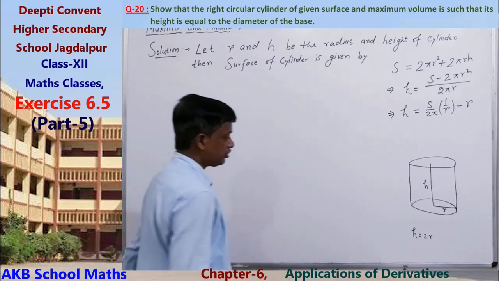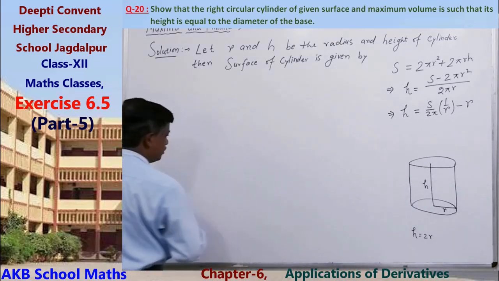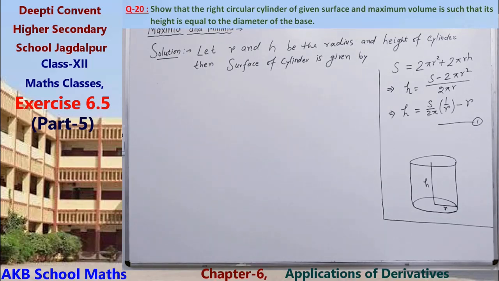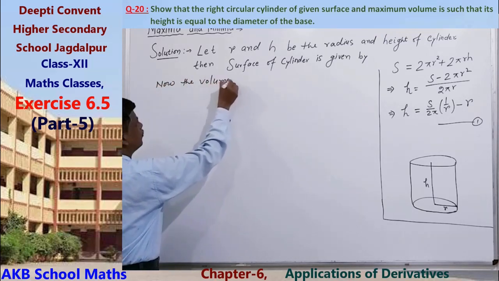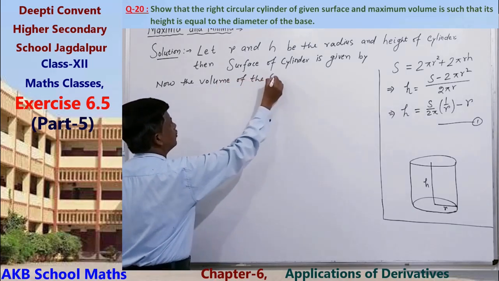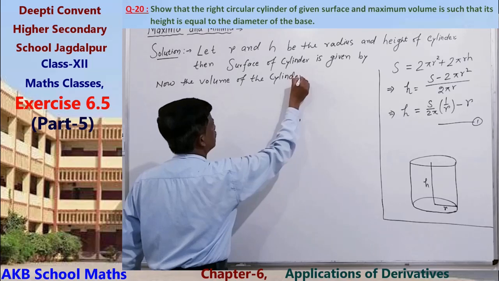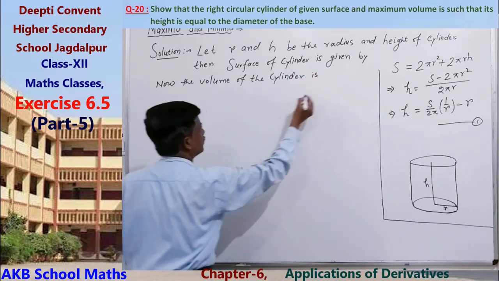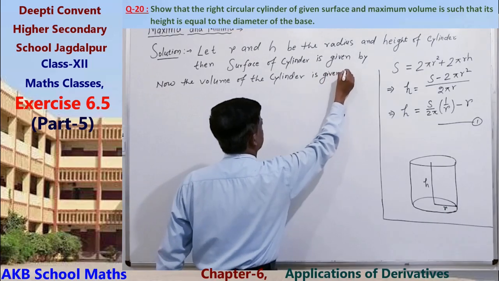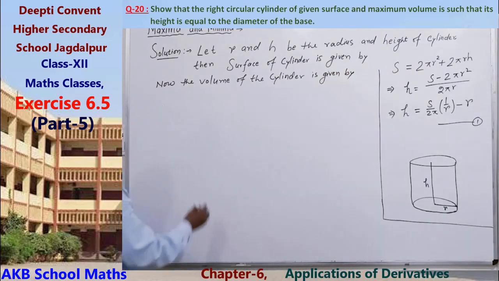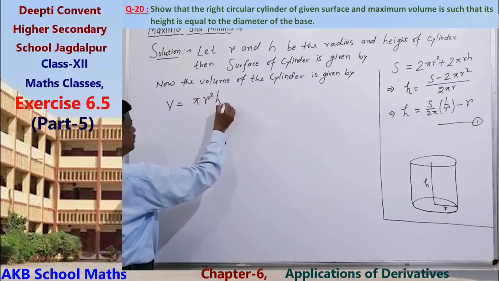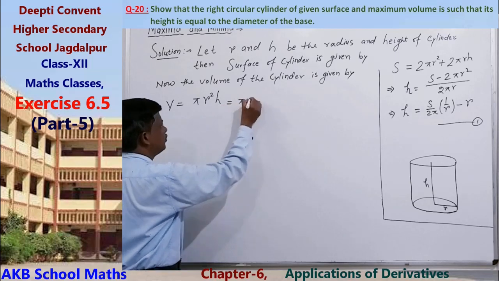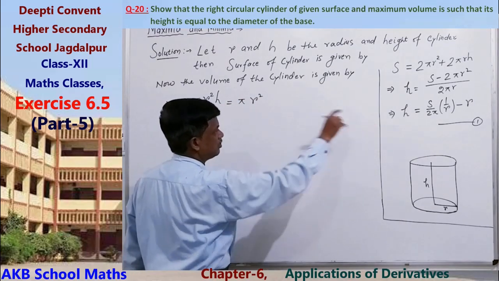Okay. Now the volume of the cylinder is given by V equals pi r square h. Put the value of h from 1.